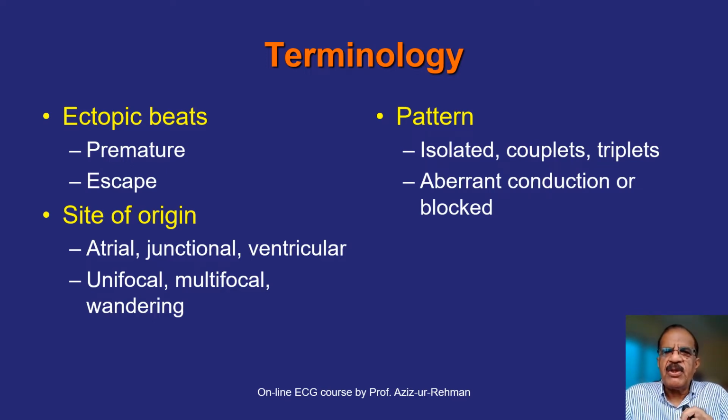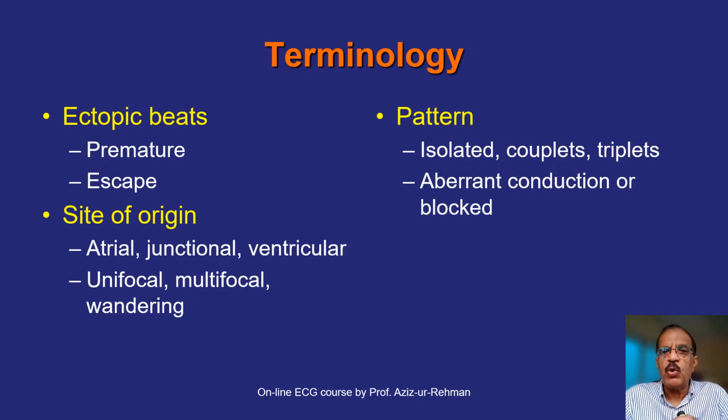Then aberrant conduction or blocked. Suppose there is an ectopic beat coming from the atria that is expected to conduct normally through AV node and rest of the conduction system. But sometimes it may not be conducted at all because AV node may be refractory. If atrial premature beat comes very early after the sinus beat, it might find AV node refractory and it may be completely blocked.